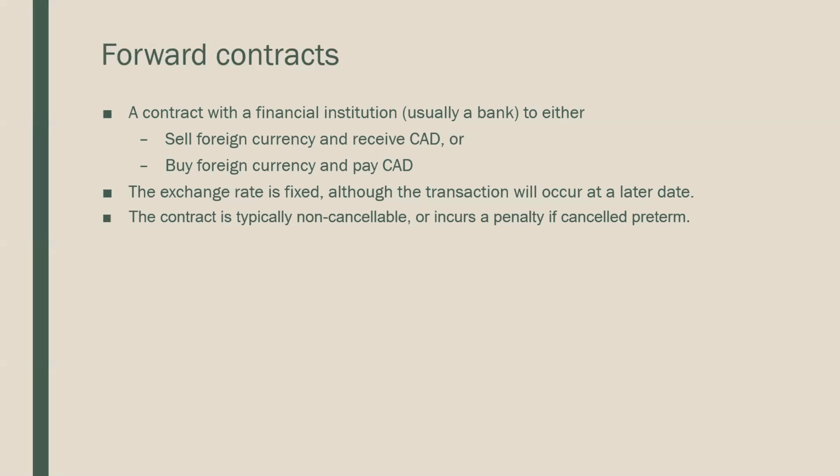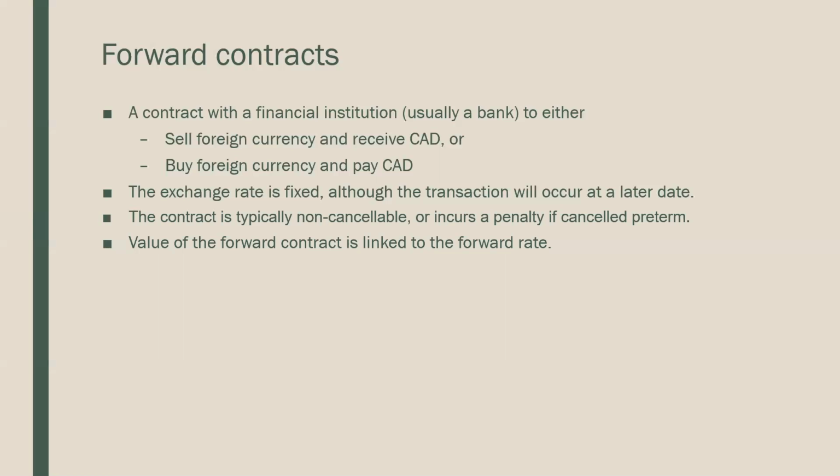And this kind of a contract is customized and is typically non-cancelable or will incur a penalty if it's canceled before term. The value of the forward contract is linked to the forward rate, which is basically the rate that is available today for an actual settlement that will take place in the future.